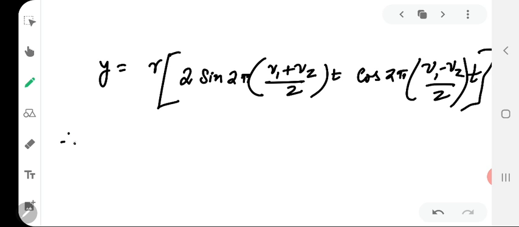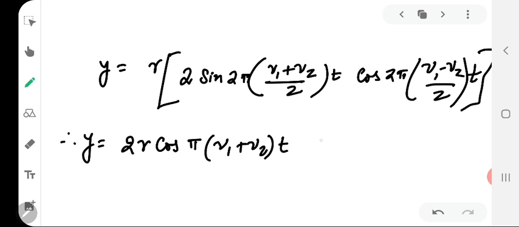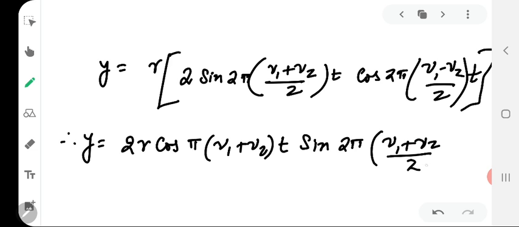So this may be written as y equal to 2r cos of pi (nu 1 minus nu 2) times t, and sine of 2 pi (nu 1 plus nu 2) by 2 times t.